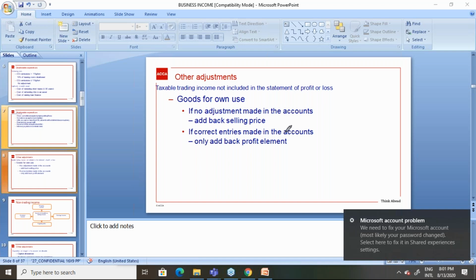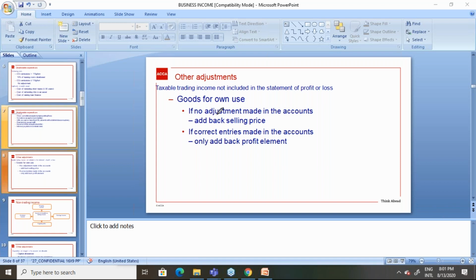Now, if you have not made any adjustment in accounting to record the goods taken by the owner for his own use, that means the owner has taken goods from the business for his own use, but in accounts you have not recorded anything at all. However, for the purpose of taxation, it should be treated as normal sales. Even though the owner has taken goods for his personal use, for the purpose of taxation, it should be treated as normal sales at the market value.